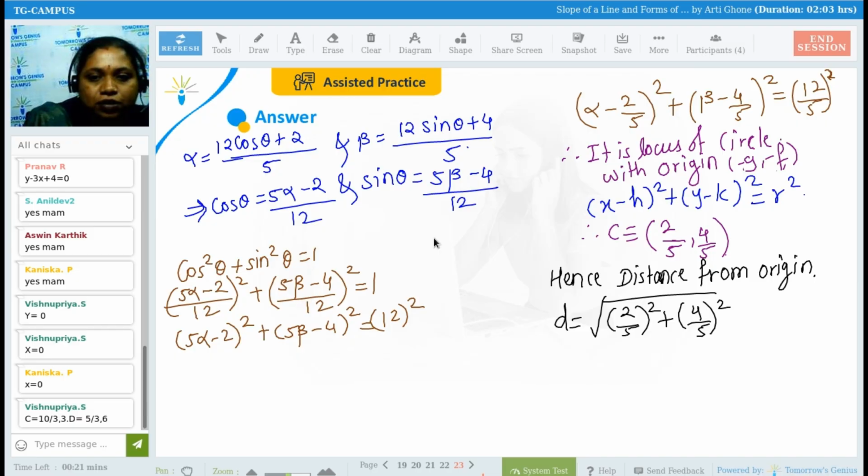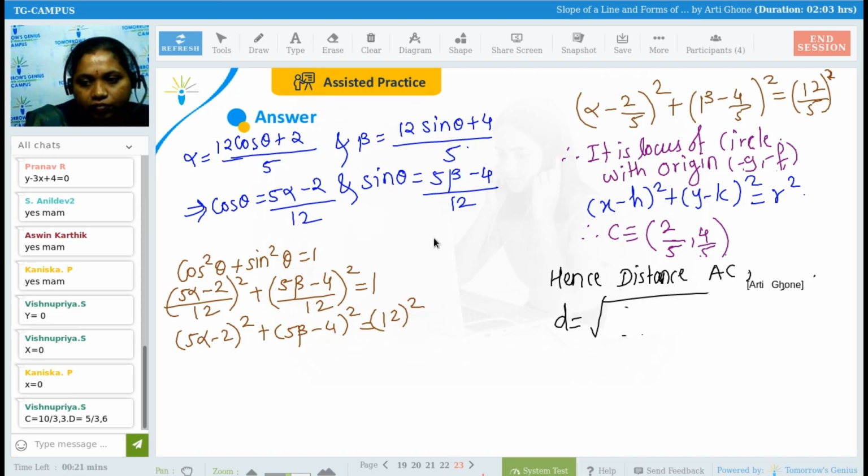So AC you need to find out. Just calculate AC. I have not taken the distance AC. Calculate AC and tell me the answer. You have A coordinates, C coordinates. Just do it and tell me the answer. Y2 minus Y1 whole square plus X2 minus X1 whole square.